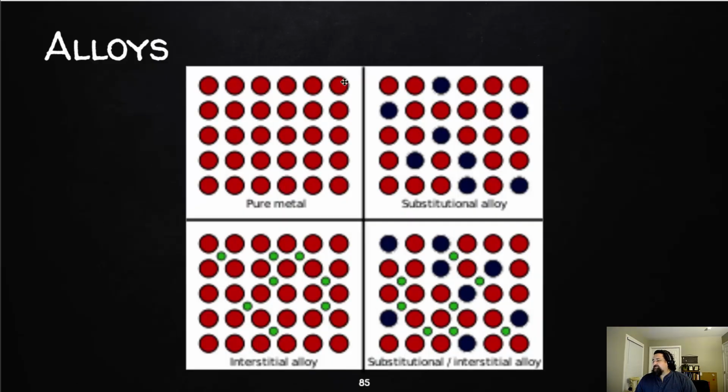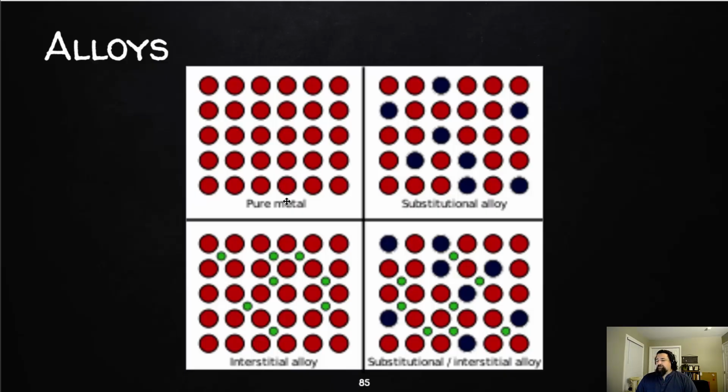And so as a whole, our alloys, when we have our pure metal, it looks kind of like this. Substitutional, we bounce one out, put one in. Interstitial, we put it in those in-between spaces, the interstices. And then a combination of the two, substitutional and interstitial, which is sometimes the case depending on what kind of mixture we're trying to make.